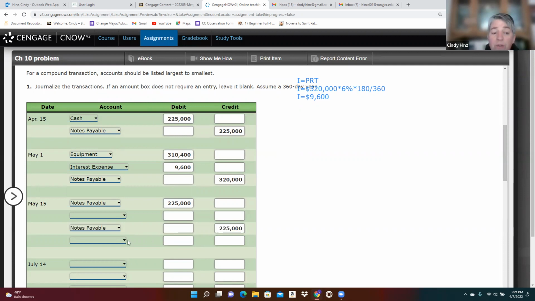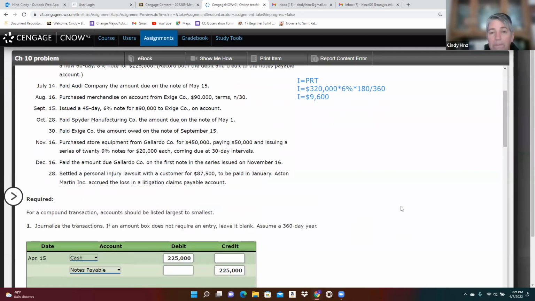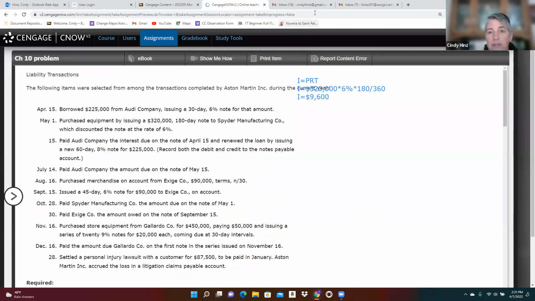And what we are going to do, it says, is pay the interest. So we're going to credit cash and debit interest expense, but I need to calculate that interest. So let me get my annotator back up here, and we'll do another interest calculation for that April 15th note. Principal was $225,000.